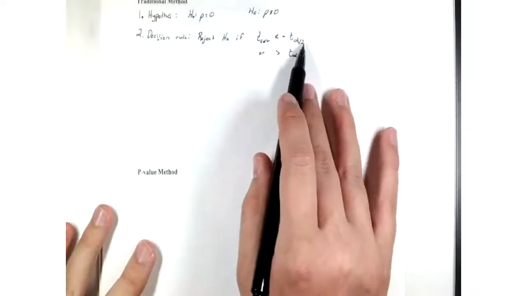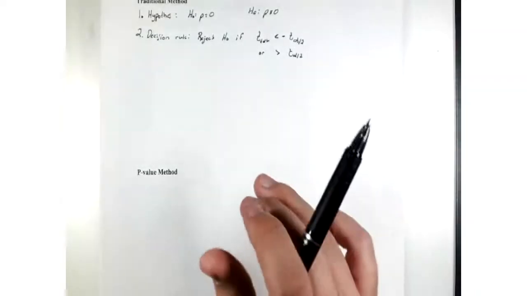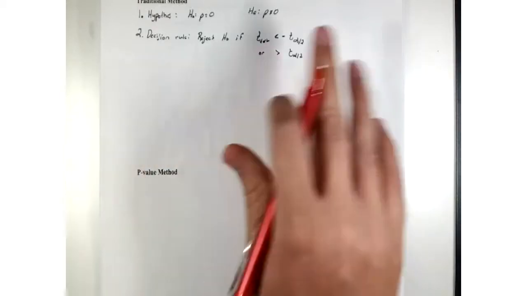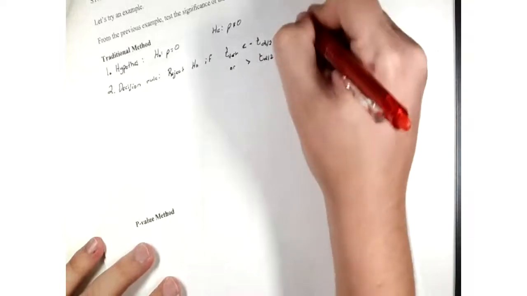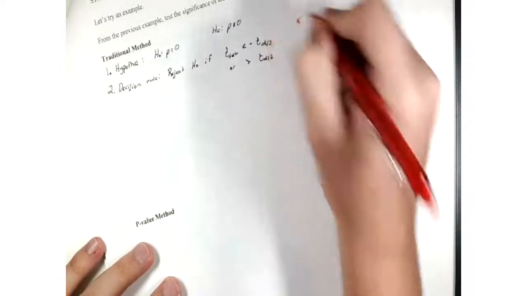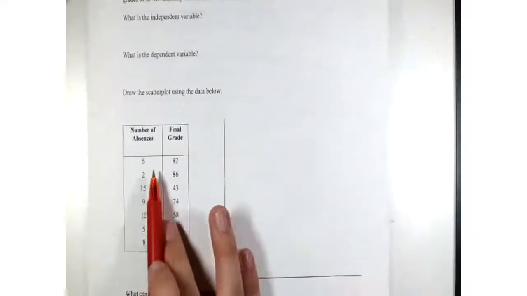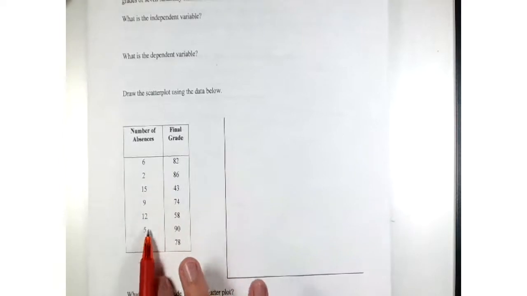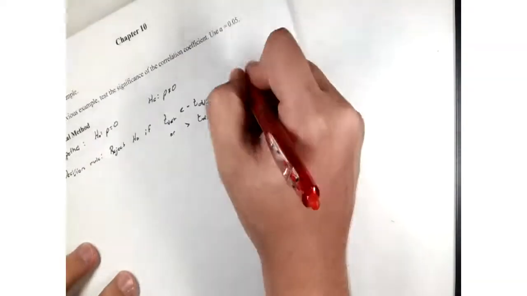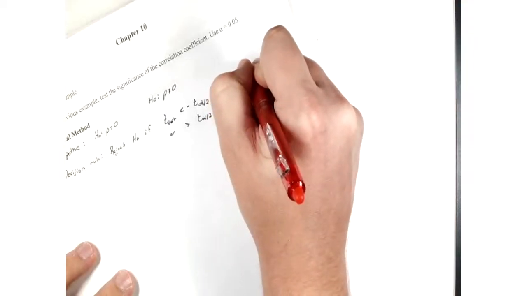So how are we going to find these critical values? You have your t-table. What we need is the corresponding degrees of freedom. How many people did we sample? If we go back to here, we had 1, 2, 3, 4, 5, 6, 7. So 7 minus 2 will be our degrees of freedom. So the degrees of freedom is equal to 5.